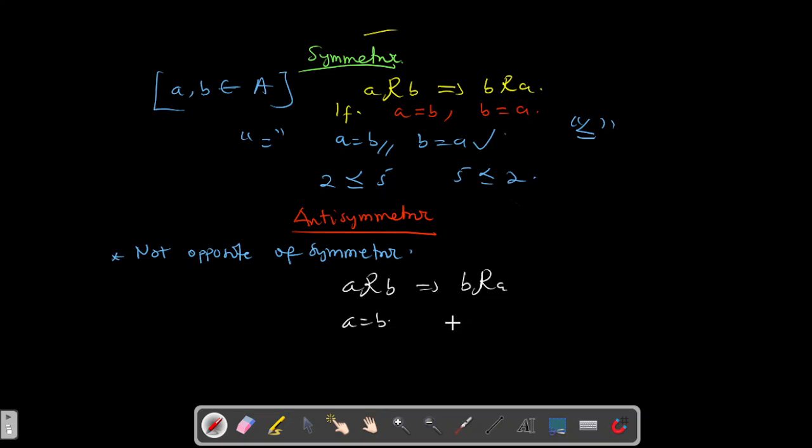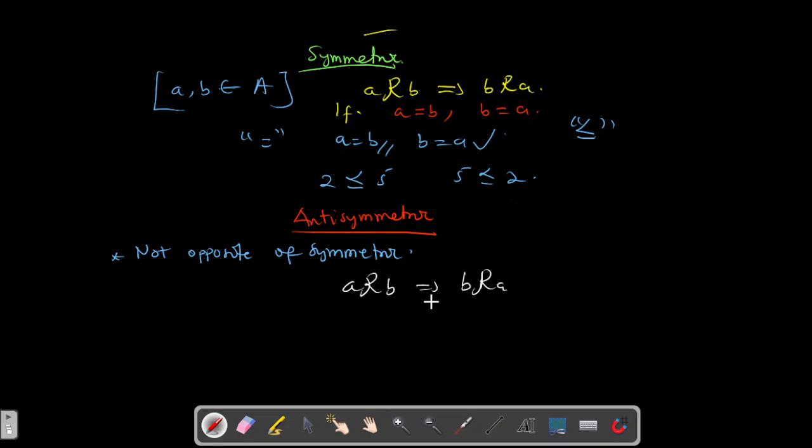Only this is a relation, right? In this relation, we can only go round it when the elements are the same. So let me explain it very well here. In an antisymmetric relation, this relation will be equal only if A and B are the same.